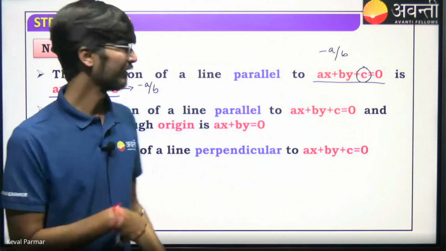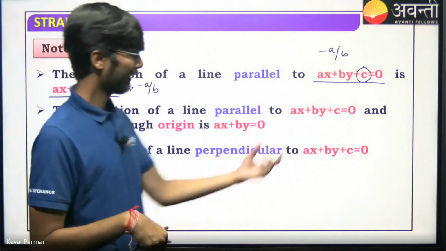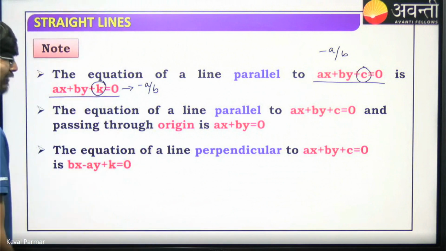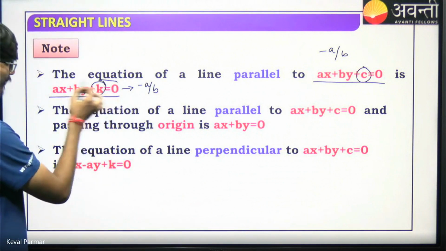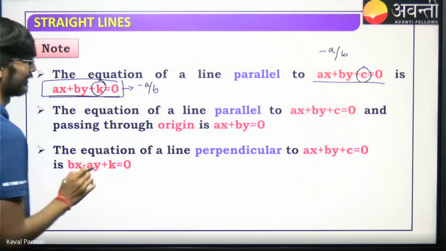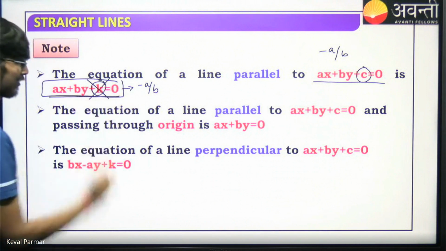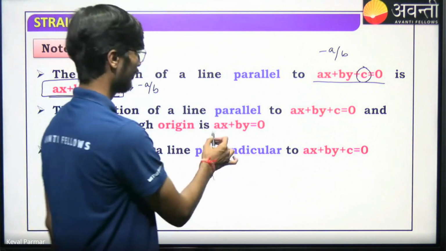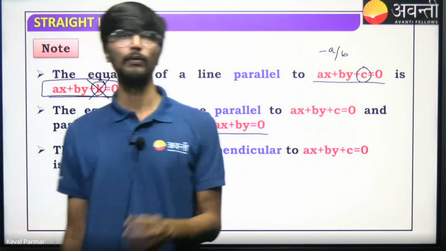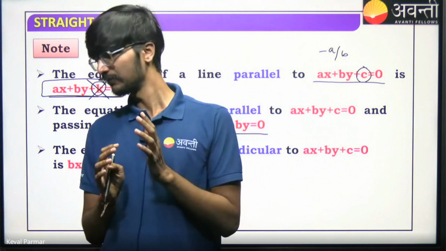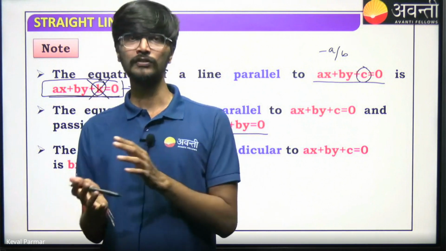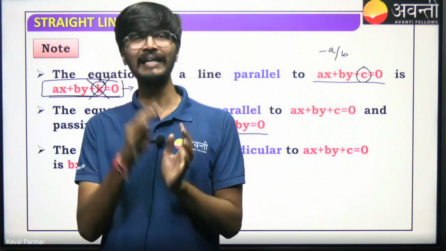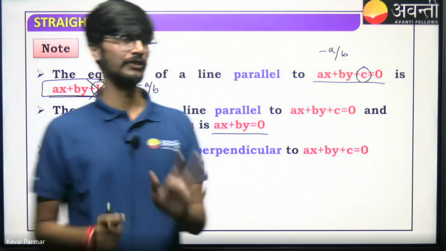What I'm trying to say is, if a line is parallel to this line, then my equation will be ax plus by plus k equals to 0. And if this line passes through origin, then there will be no constant term, that means there will be no k. So my equation will simply look like ax plus by equals to 0. Please keep this in mind. Whenever we have no constant term, that means the line or the curve is passing through origin.